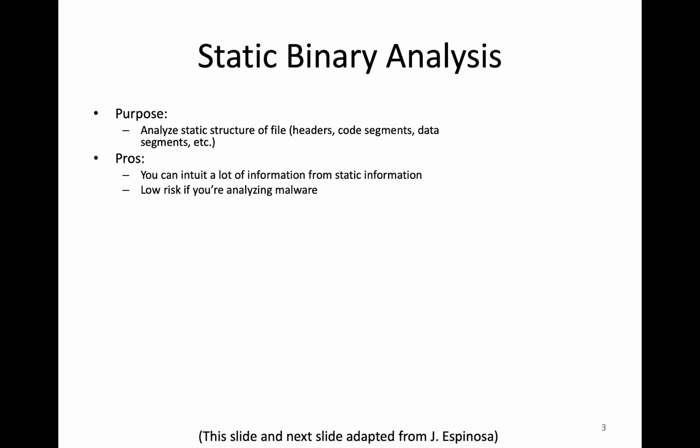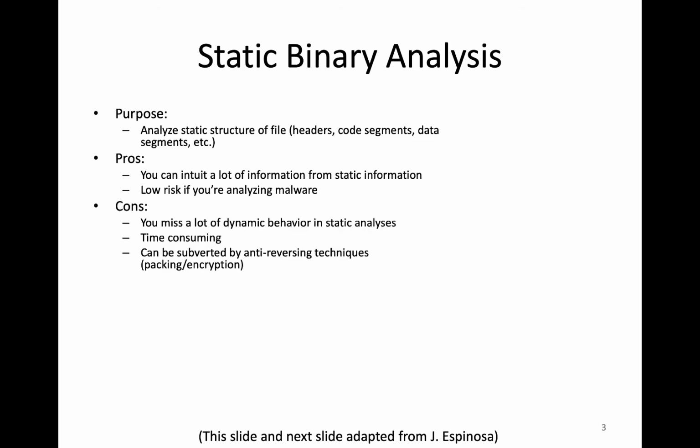You can intuit a lot of information just based off the static information, and we'll show some examples of what I mean by that in a bit. Also, reverse engineering techniques are used a lot in malware analysis. If you're analyzing malware, for example, you don't have to actually run the code or anything. You can just look at the snapshot of the binary before it's run.